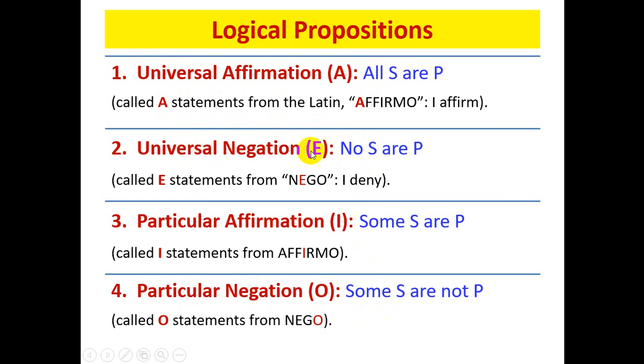But if we use words like some, this is particular. If the sentence is in the affirmative form, it is affirmation. If it is in the negative form, it is negation. So these are the four combinations of quality and quantity of the logical propositions. They are referred to as A, E, I, O, and this is very important and will be dealt with afterwards.